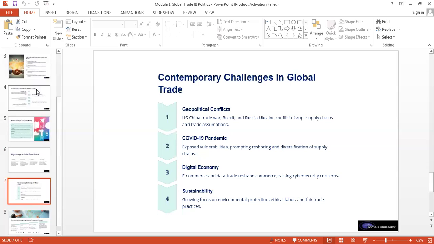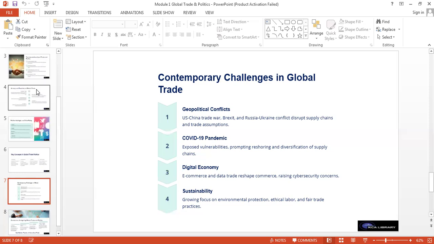There are conflicts in geographical areas of politics, like the US-China trade war, Brexit, and Russia-Ukraine, like we are having presently, which disrupt supply chains and trade assumptions. These wars or conflicts in each of these regions disrupt the supply chain, and this is a very great challenge in global trade.